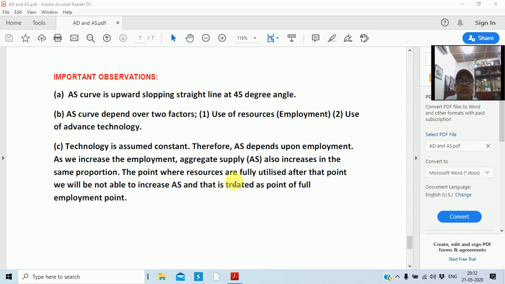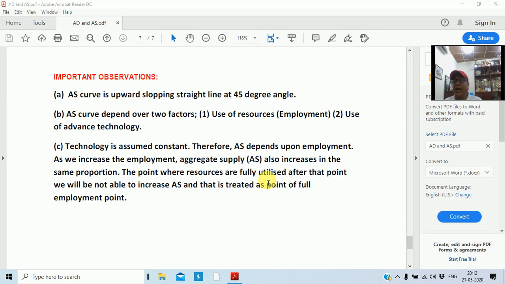The point where resources are fully utilized: now the day will come when all land is used, all labor is used, all capital is used. What it means? Resources are fully utilized. Can you increase the aggregate supply after that point? No. After that point, you cannot increase the aggregate supply. Aggregate supply is going to be constant after this point.